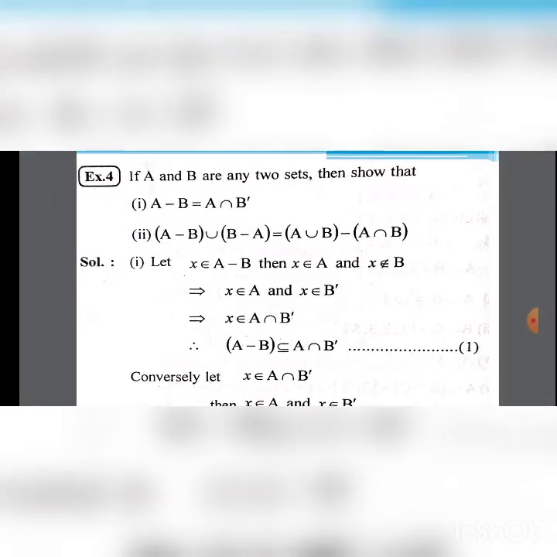See first condition. Firstly we take one element from left hand side. Let x belongs to A minus B, and by definition what will it be? x belongs to A and x does not belong to B. Okay. So what this implies? x belongs to A and x does not belong to B means what? Obviously x belongs to B complement. Okay. So x belongs to A and x belongs to B complement.